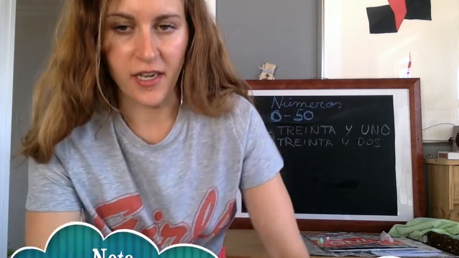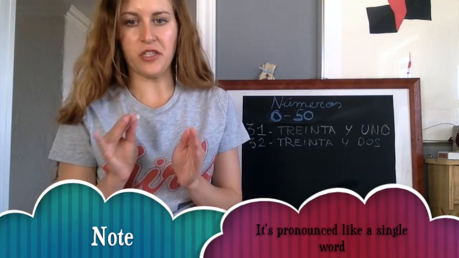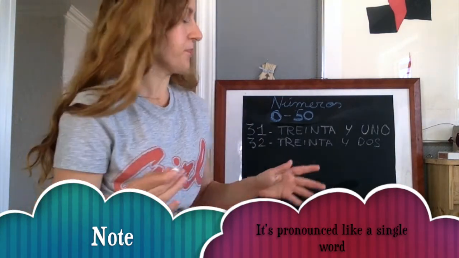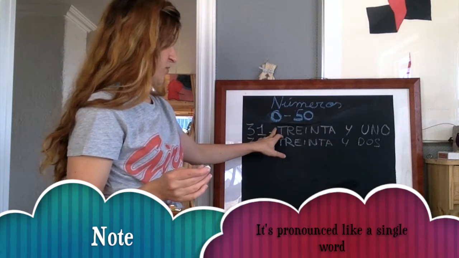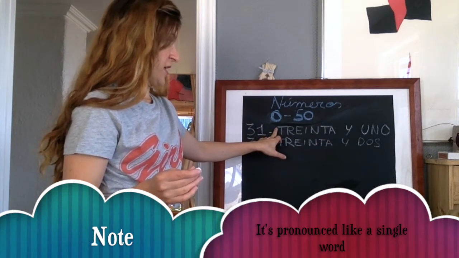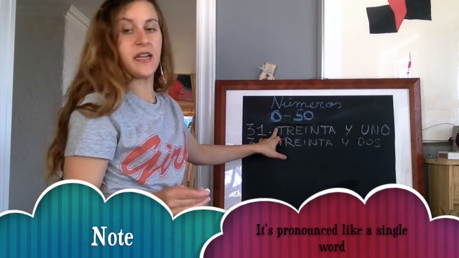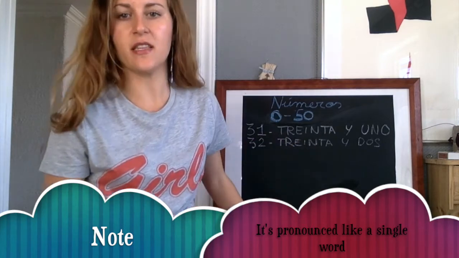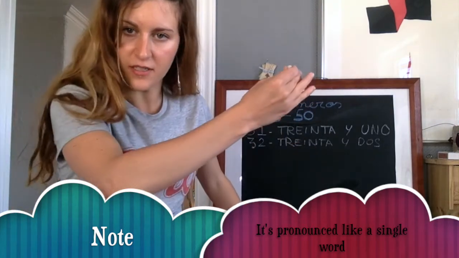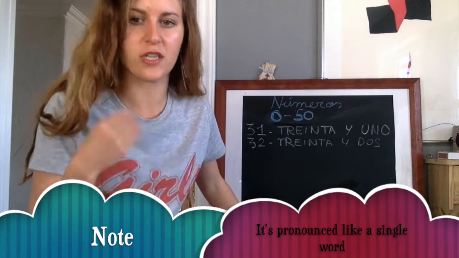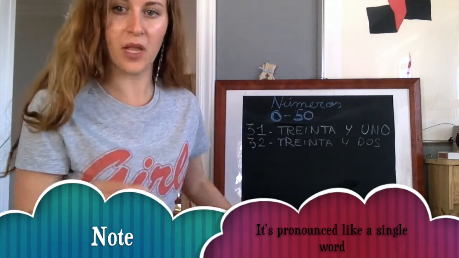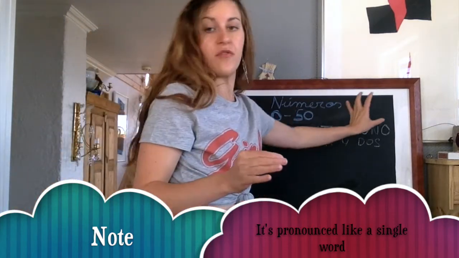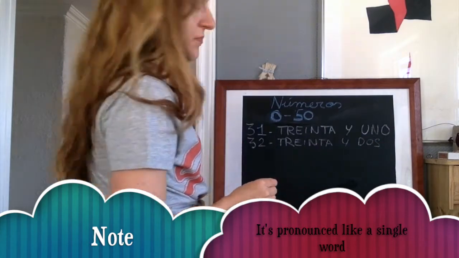Pay attention that now I'm talking very slowly so you understand me. But when a Spanish person says that, they won't say it separated, they will say it very fast, like one word, 31, 32, 33, 34. But we write it in three different words.